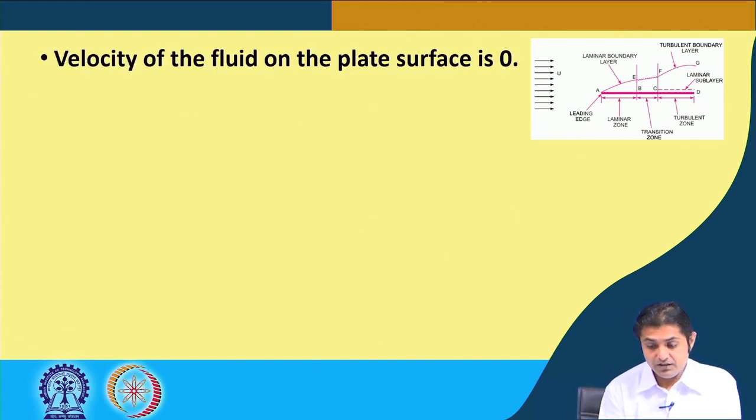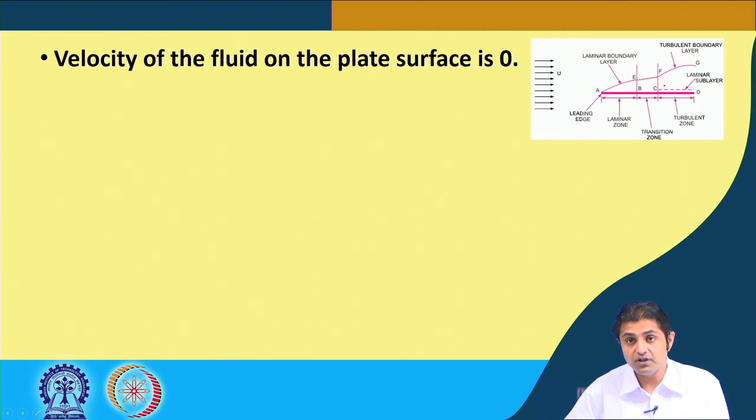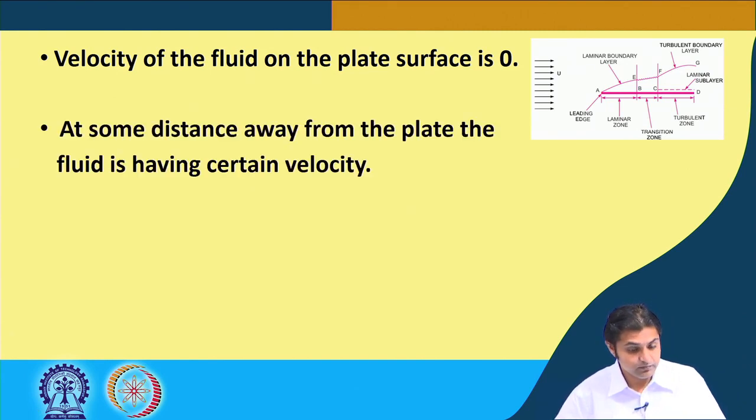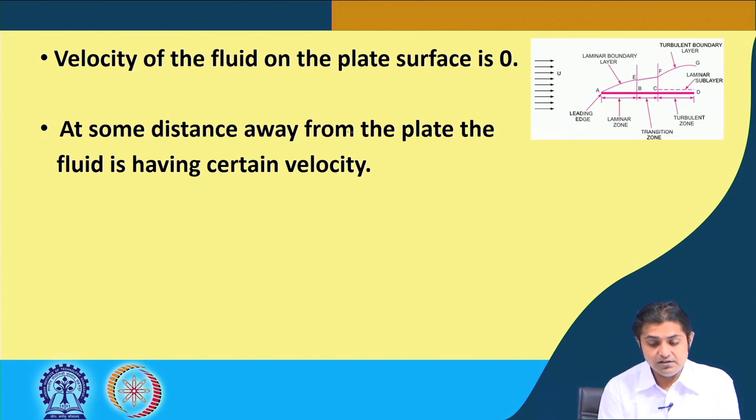As I told you before, the velocity of the fluid on the plate surface is 0 because of the no slip condition, as the plate is stationary. But at some distance away from the plate, the fluid has a certain velocity. That velocity we do not know for now.